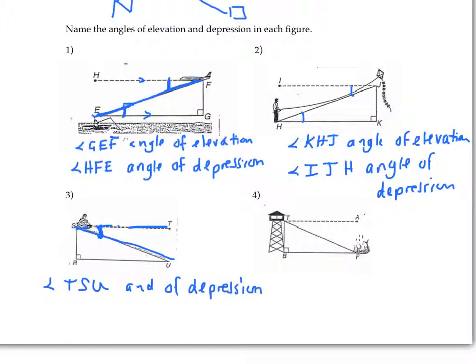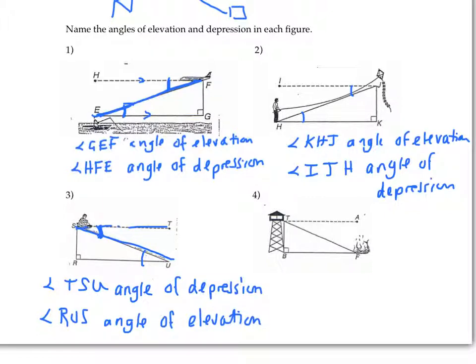And one of his buddies at the bottom of the hill, looking up towards him, would look up through an angle of elevation, so angle RUS. Sorry about that. And angle RUS is the angle of elevation.